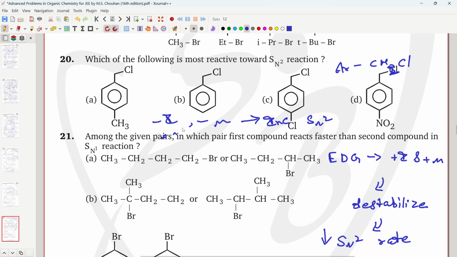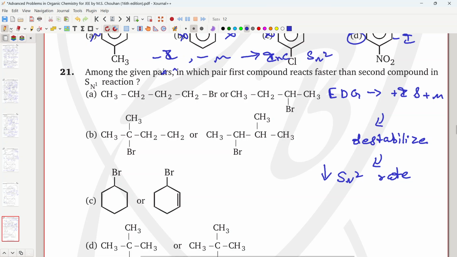So option A, electron donating group, not that. Unsubstituted benzyl chloride, not that either. Then option C, p-Cl, which is weakly withdrawing overall, not possible. p-NO2, strong minus mesomeric effect and strong inductive effect. So option D.